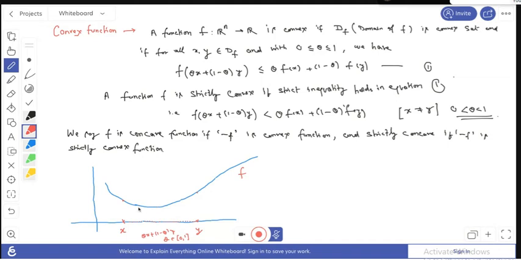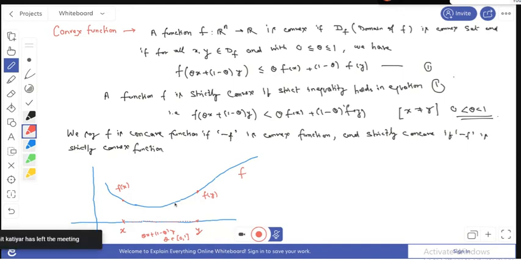Okay, and what is the value at this point? What is the image of that? The image of this point is f(x). What about the image of this point? The image is f(y). And this point here is f of theta x plus 1 minus theta y.